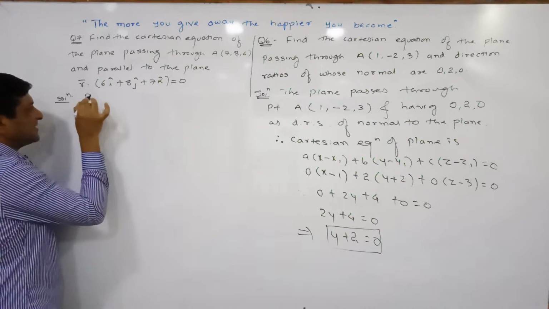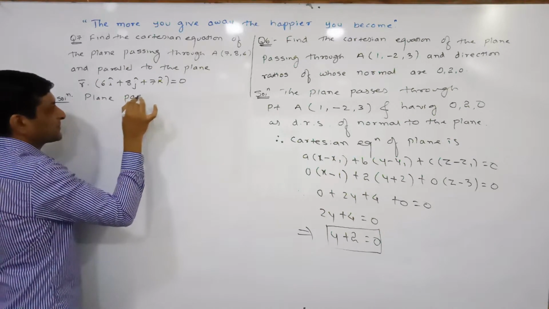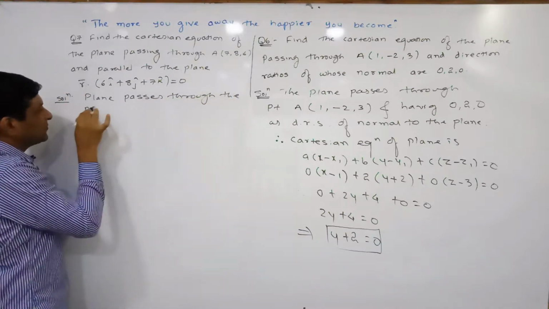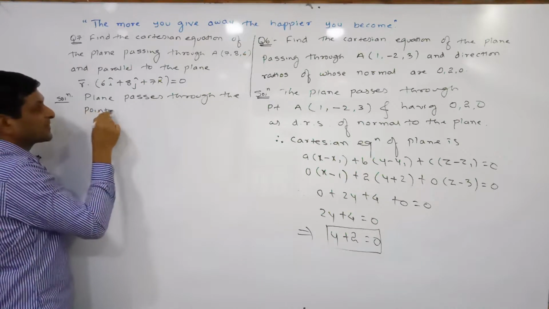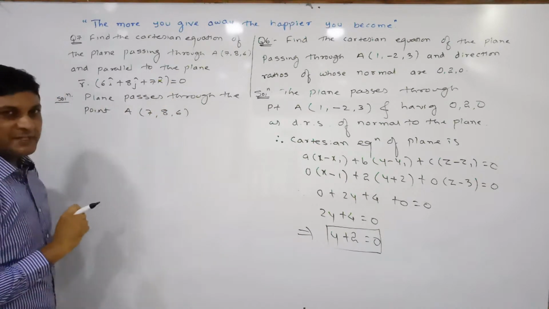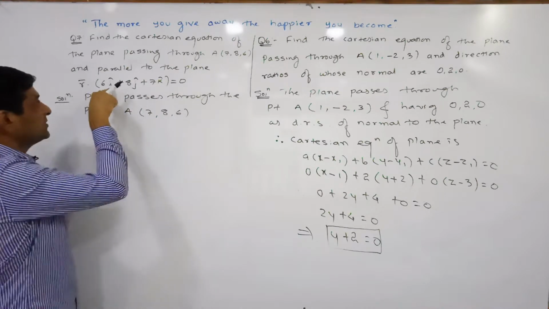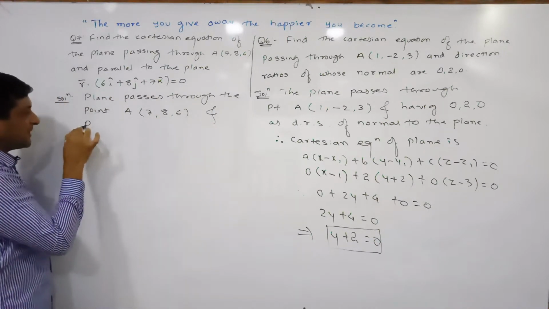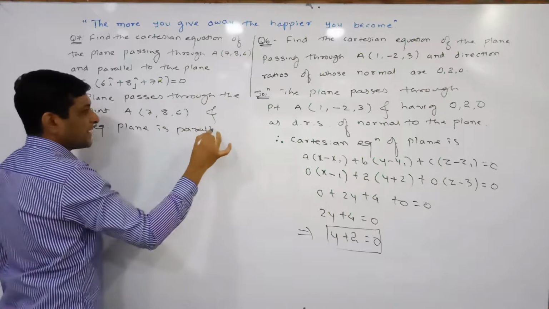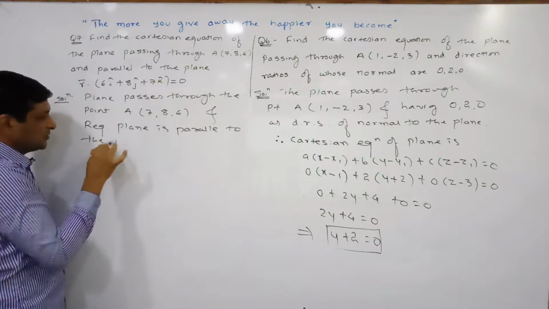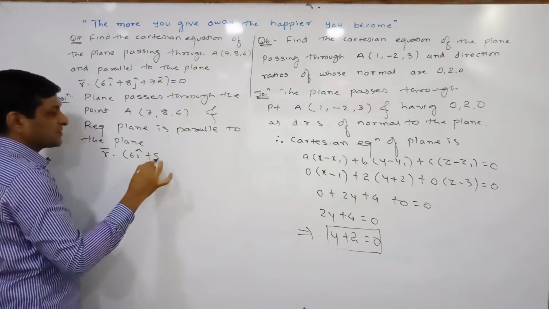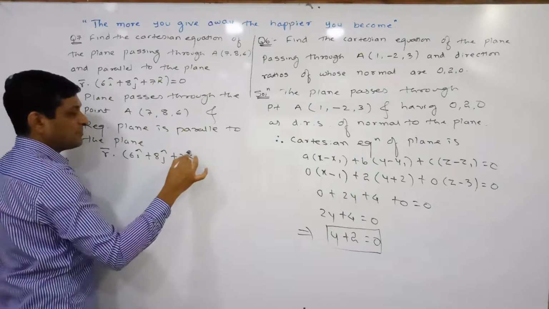So the plane passes through the point A with coordinates 7, 8, 6, and the required plane is parallel to the plane r bar dot (6i cap + 8j cap + 7k cap) = 0.